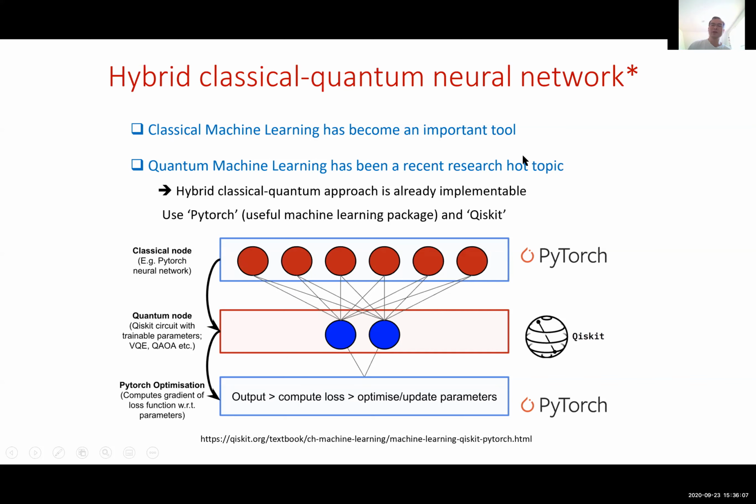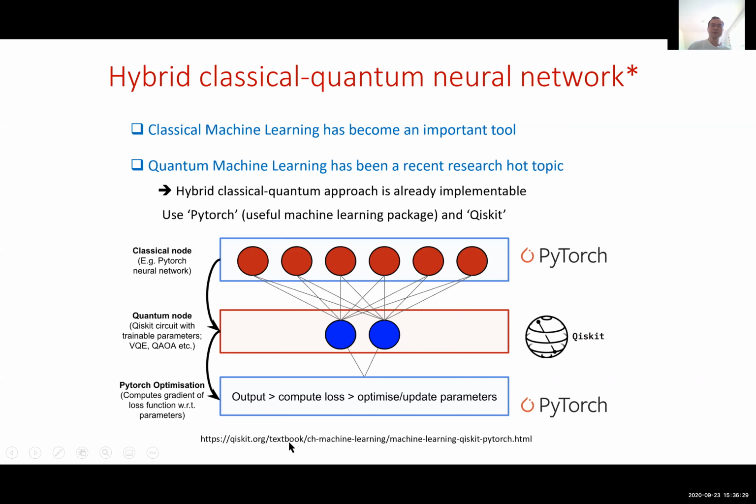One is the AI, the other is quantum technology. So why don't you combine the best of the two into one? So that's why people are looking at quantum machine learning. So this is really a recent and really active research topic.